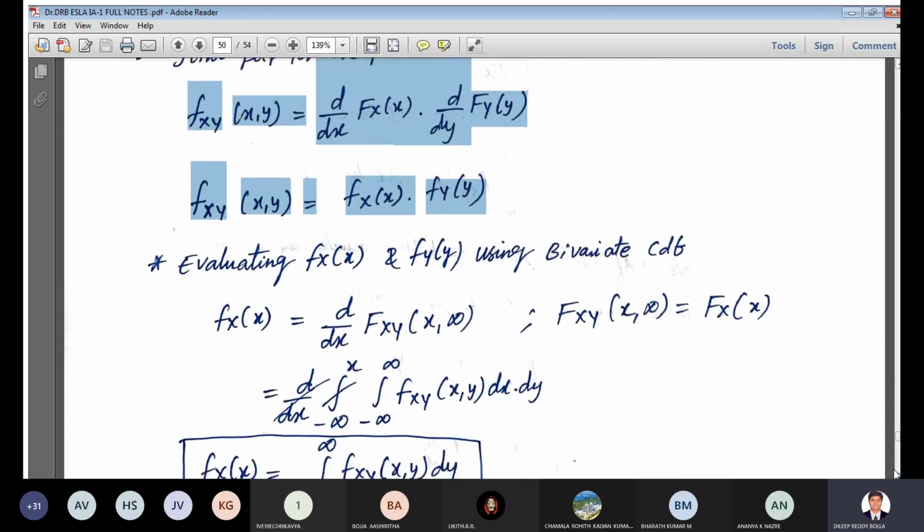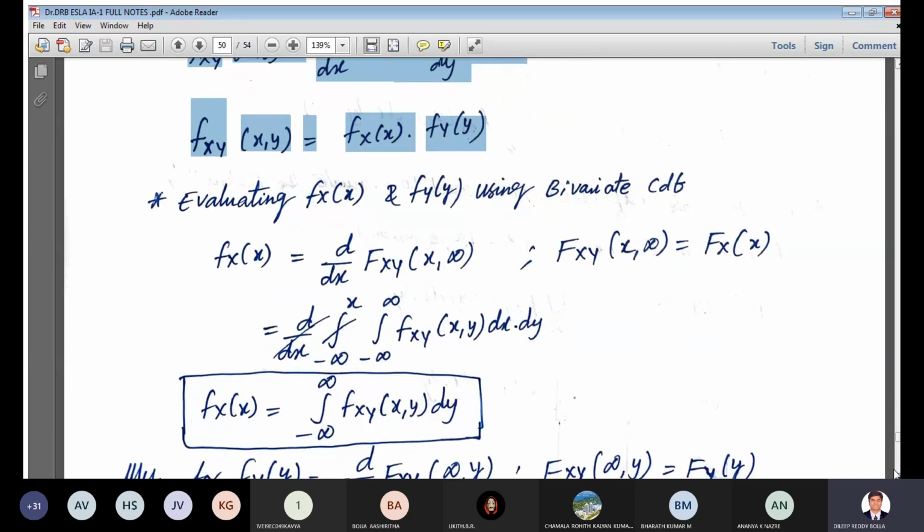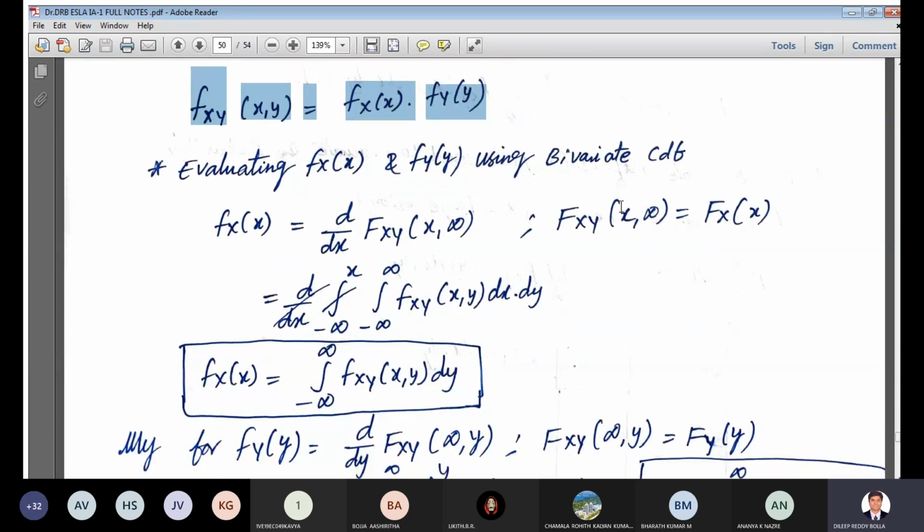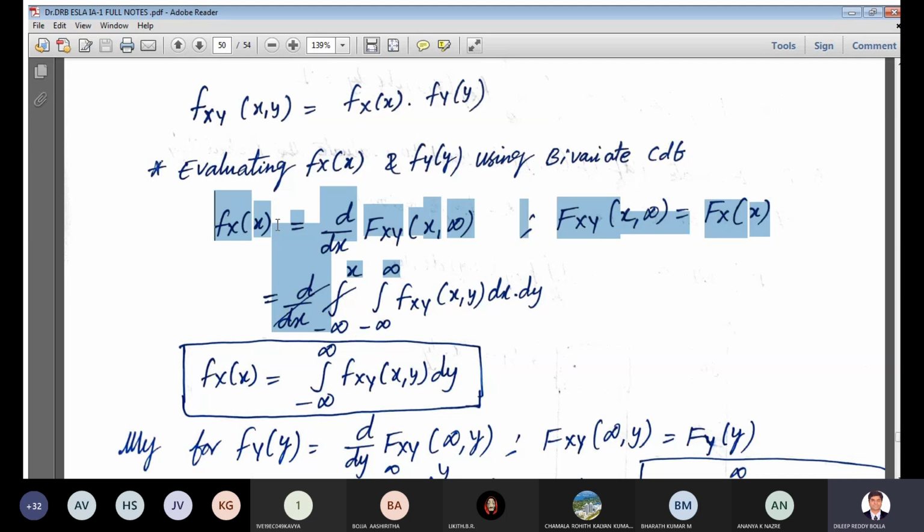Now, how do we evaluate this? How to understand this? If the limits of x and y are known, it's okay. Let us say the limits are x and infinity. In that case, if you want to find only for x, because the y value is infinite, then we need to derive that for the limits x and infinity.